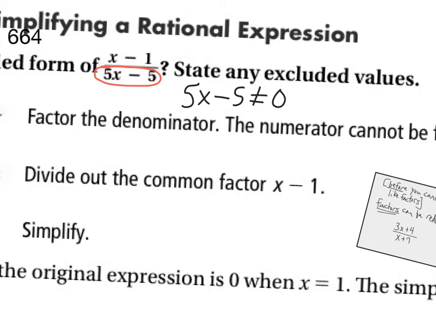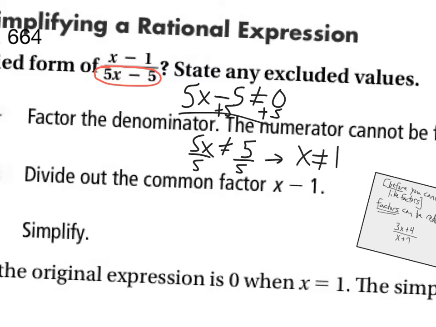So if you add 5 on both sides and then divide by 5, then you'll see x cannot equal 1. So that's our excluded value. x cannot equal 1.